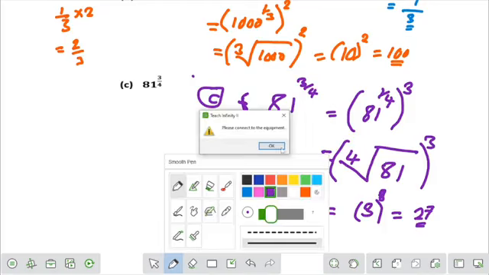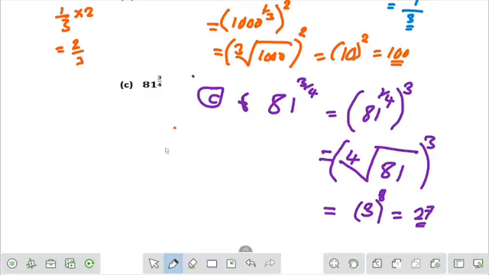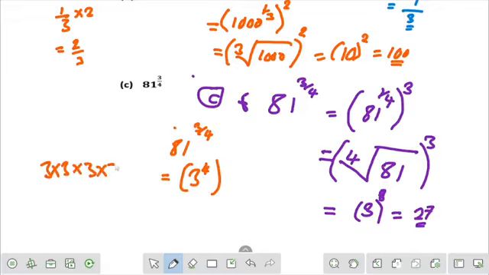In case you are wondering how we find this: since we had 81 raised to the power of 3 over 4, you can also answer it like this. Write 81 in index form, with a base of 3 raised to the power of 4, because 3 times 3 times 3 times 3 gives us 81.